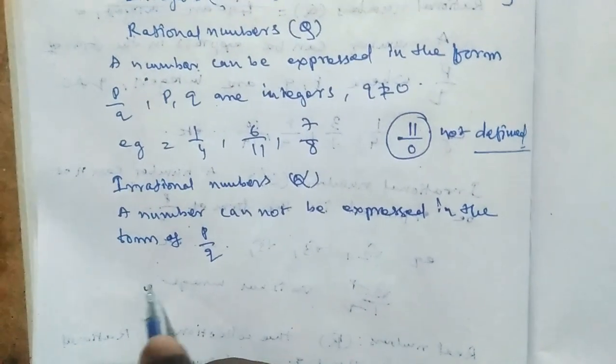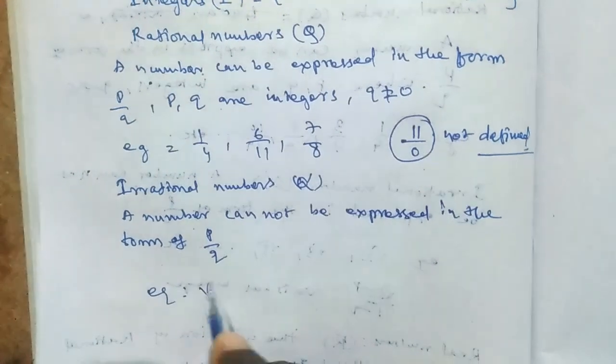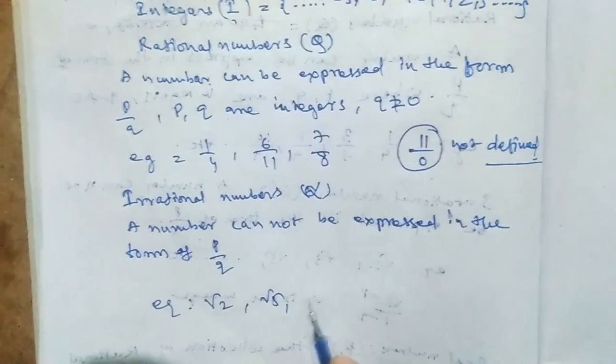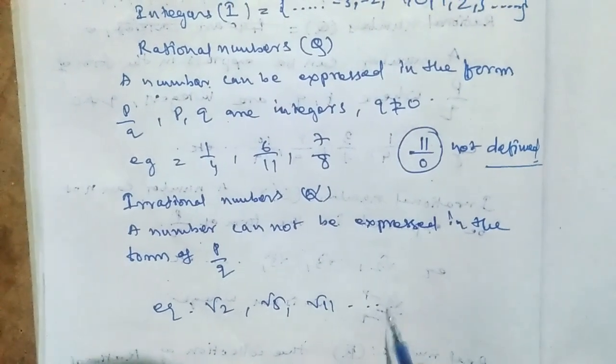For example, root 2, root 5, root 11, etc.